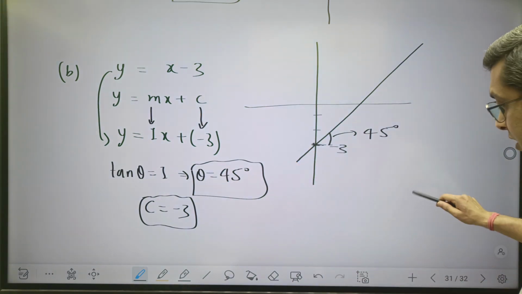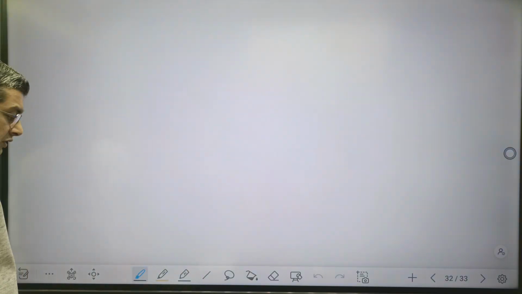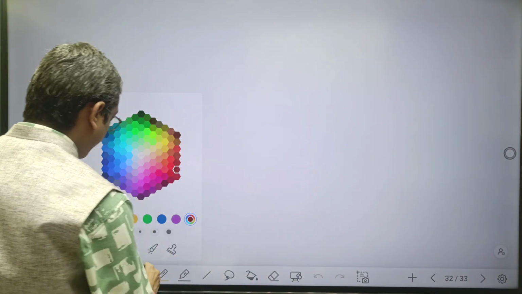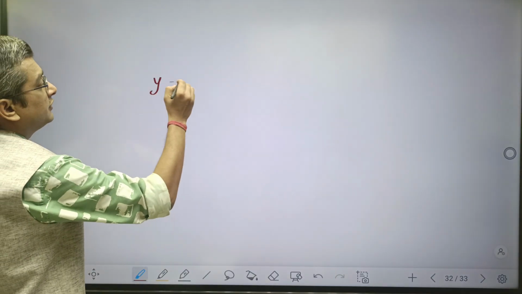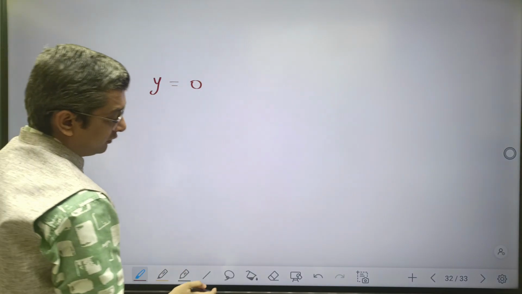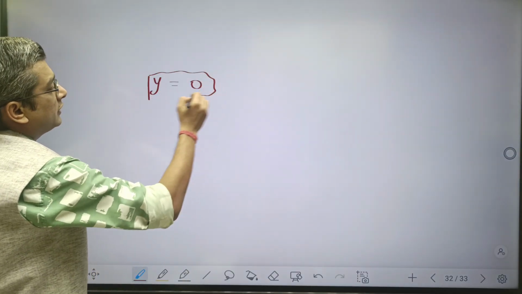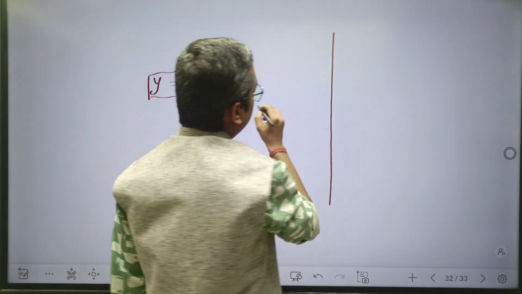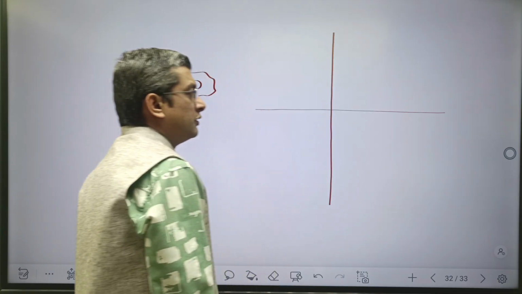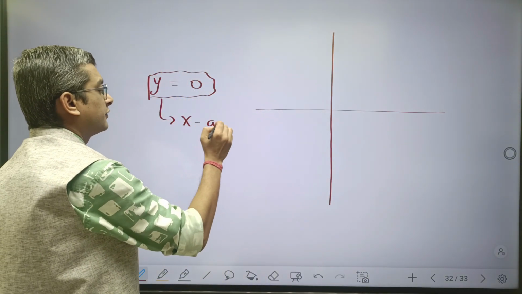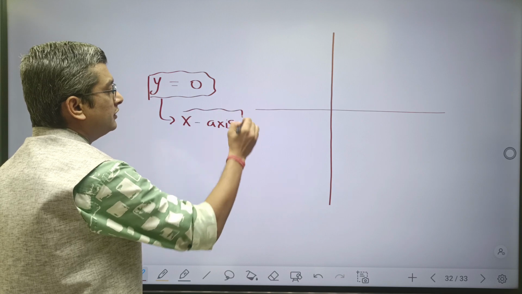This is very important. Now let's have another example. Suppose I write the equation y is equal to 0. You have to represent y is equal to 0. So how can you represent it? So dear students, y is equal to 0 is represented by the x-axis, isn't it?